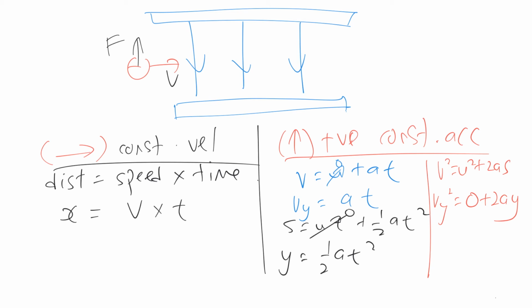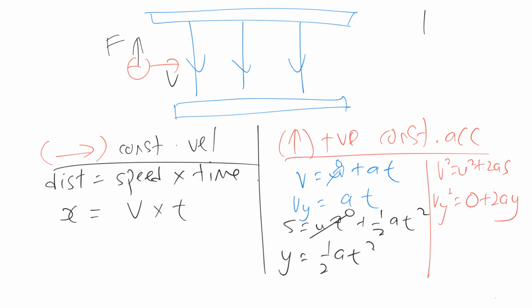Now the only thing you have to be careful about is the value of your acceleration. If it is motion under gravity, your acceleration is just 9.81. You don't even have to calculate it. But because this is motion in an electric field, you must calculate the acceleration. You cannot use 9.81. So how do you calculate the acceleration?